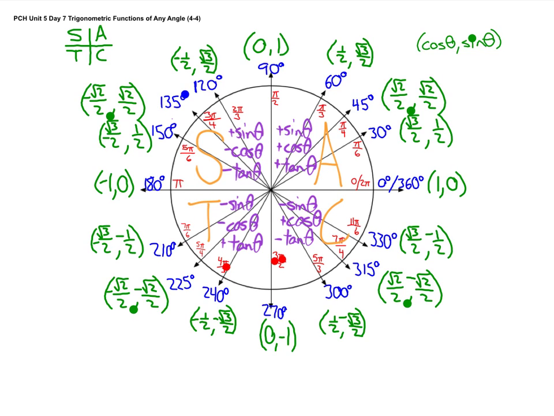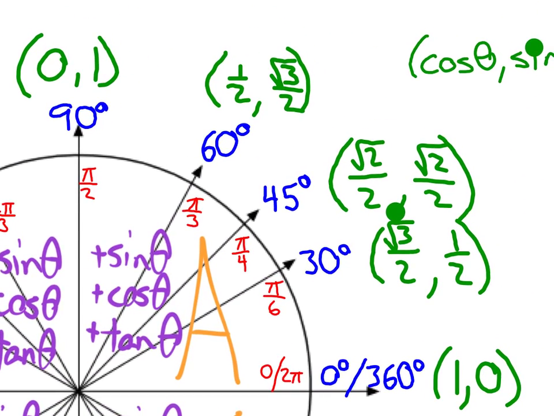That's an easy way to remember this. Once you get the hang of reference angles and all students take calculus, if you know this much of your unit circle, you're good to go.